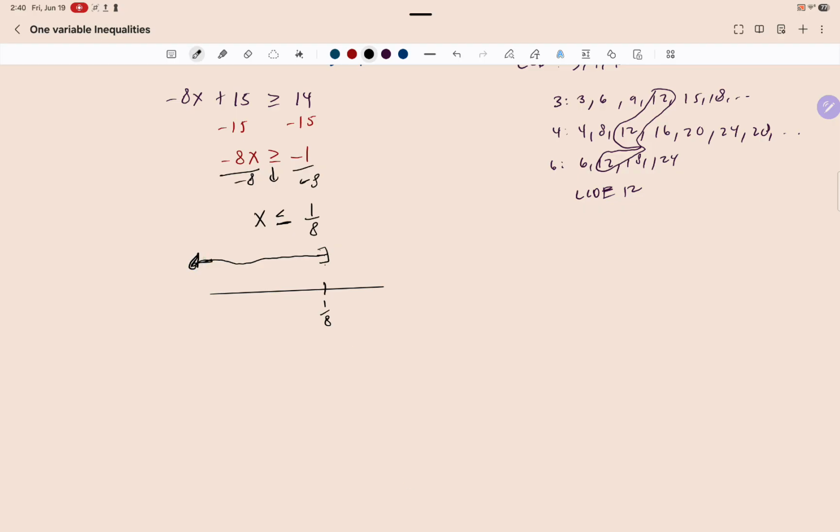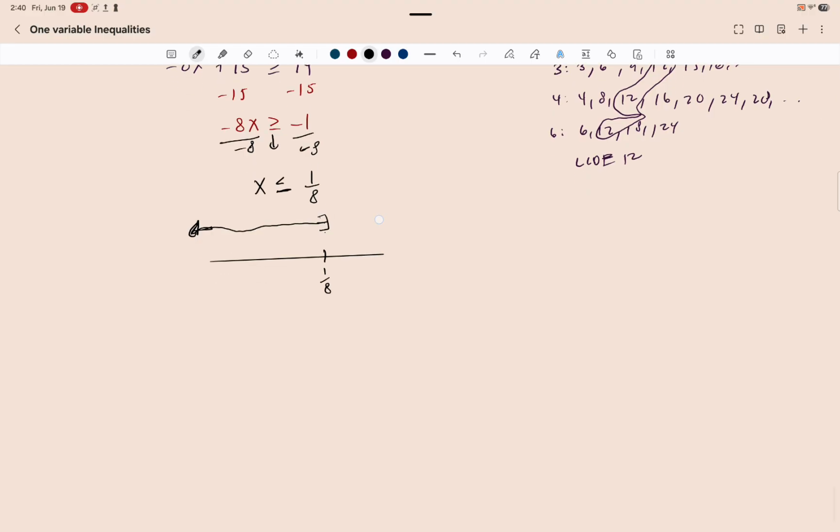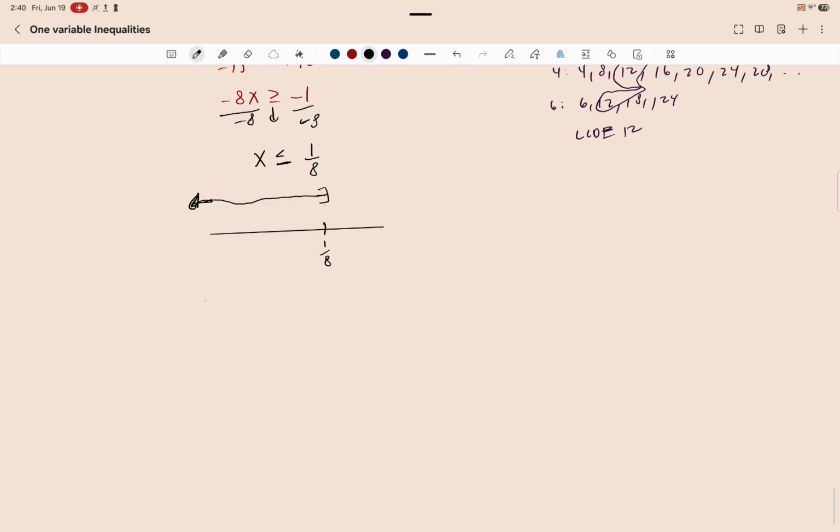This drawing represents the solutions that make this inequality statement true. And again, for interval notation, this just means negative infinity to 1/8. And if you have trouble understanding how to make sense of this interval notation, I will discuss it in a separate video.